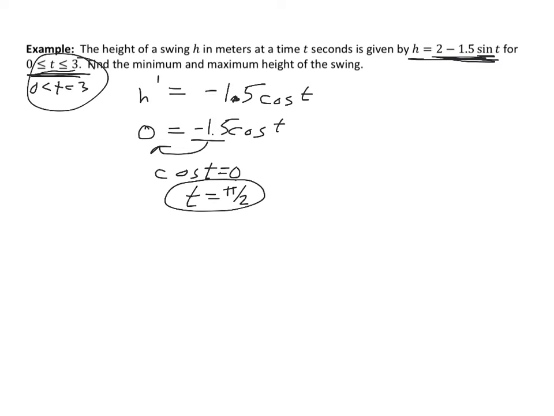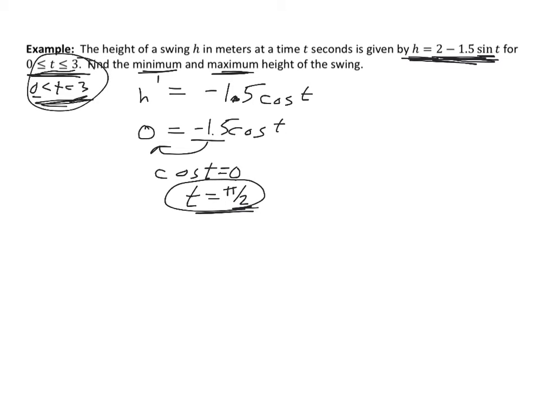Remember from our lesson yesterday, now that I have this stationary point and this interval, how am I going to find the minimum and maximum values of the height? All I need to do is take my stationary value and my endpoints and plug them into this function.